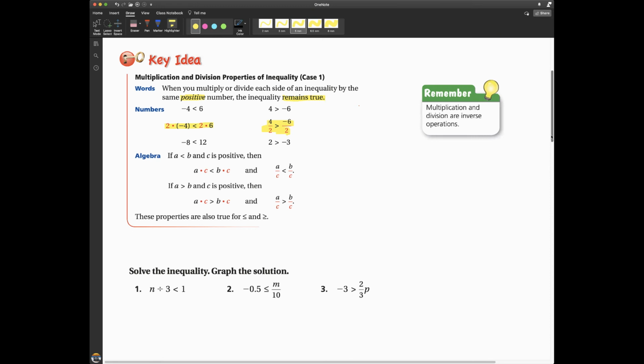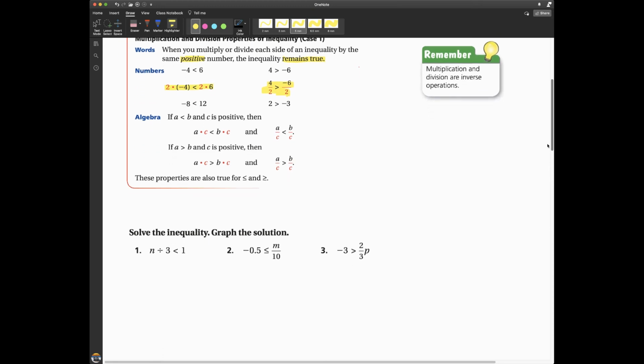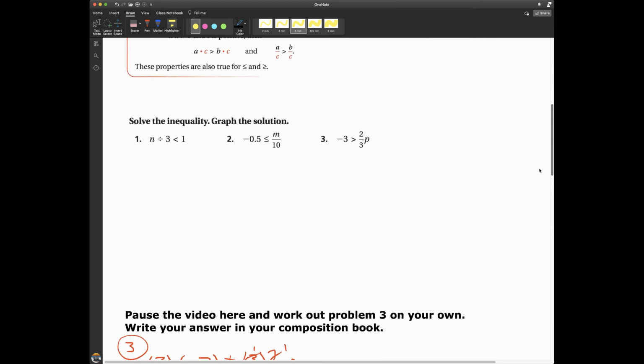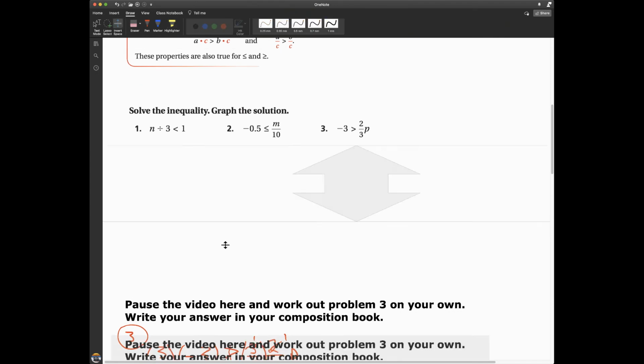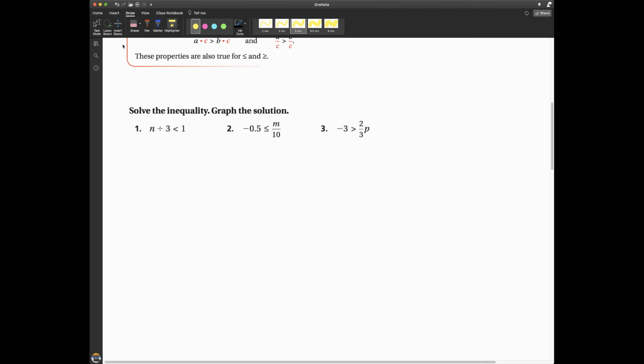All right, let's look at some examples. That'll be just a quick way to do this. Let's look at the first one. Number 1, n divided by 3 is less than 1. Okay, so I want to get n by itself. Right now I'm dividing by 3. So just like in chapter 3, I multiply both sides by 3. Why?